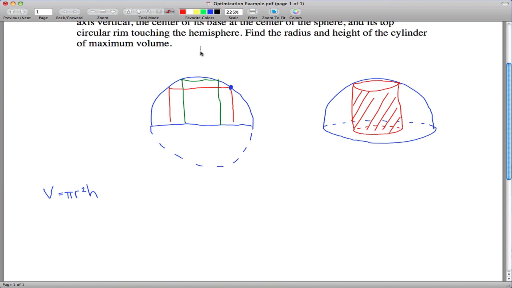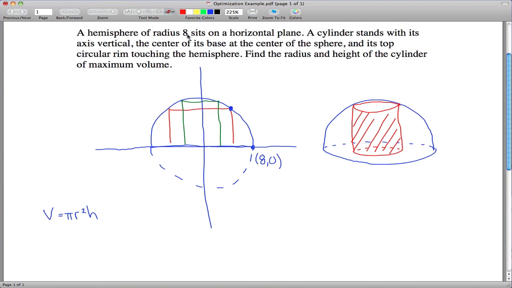So if you want to think about this as a circle that we know the equation of, you can put your axes right here and note that this point right here is at 8, 0, because we're given in the problem that the radius of the sphere is 8. So the distance out to this blue circle is 8.